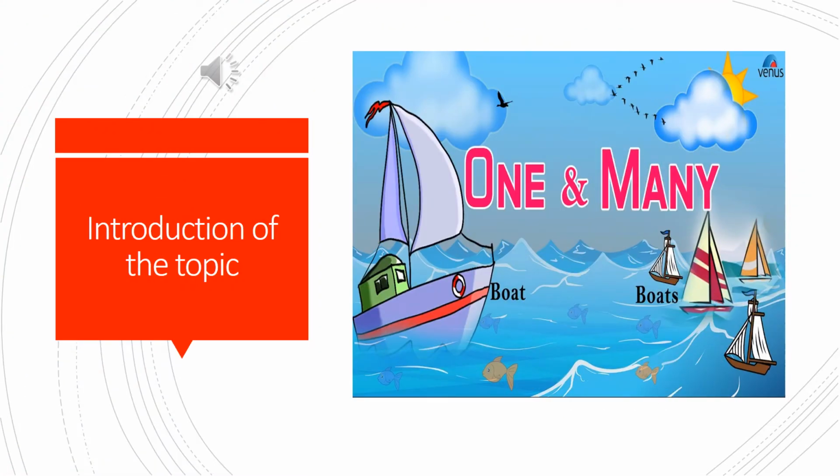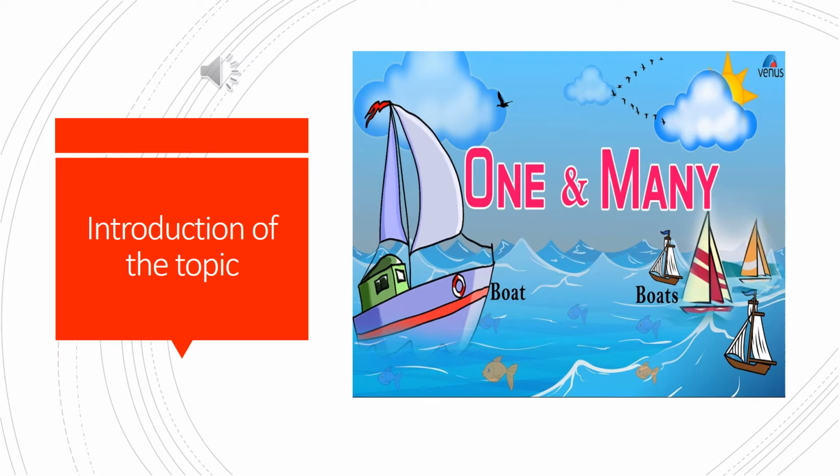First, I will introduce the topic. The topic is one and many. As you can see in the picture, on the left there is a boat and on the right there are many boats. For a single boat we use the word boat, while for many boats we add s, and it is pronounced boats.